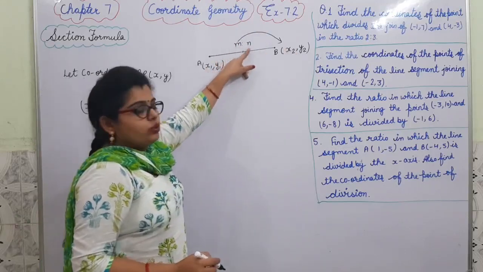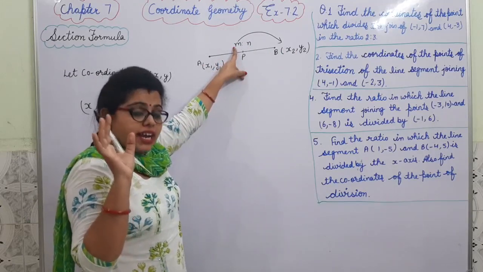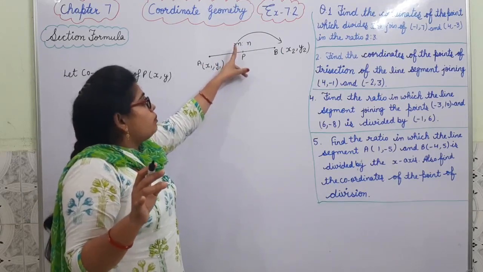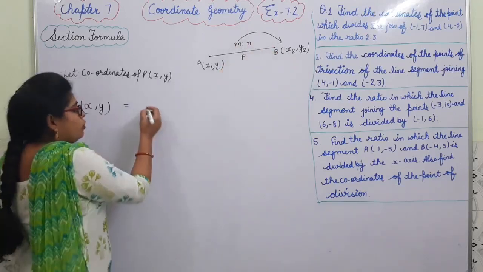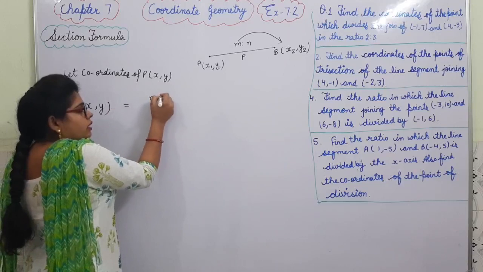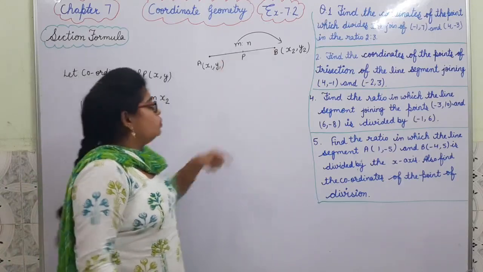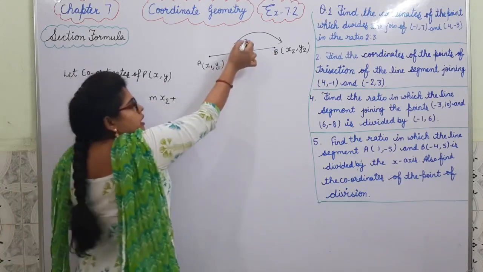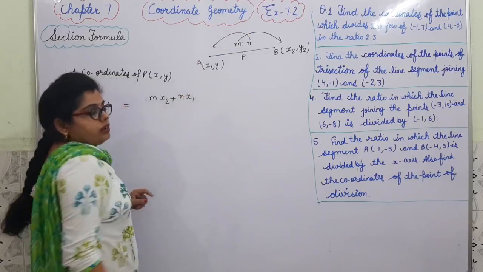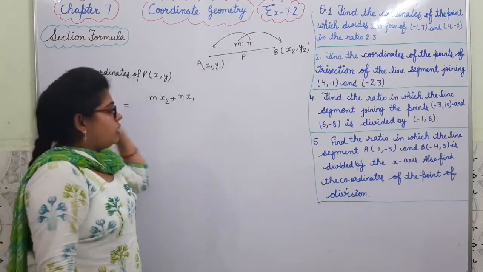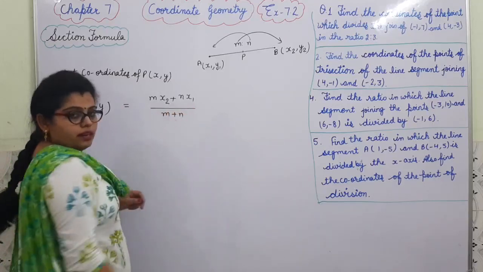The ratio m:n is given. We will multiply. Firstly we will take the x coordinate and multiply m with the x2 coordinate. So m into x2, m x2, plus n into x1, n x1, divided by m plus n.